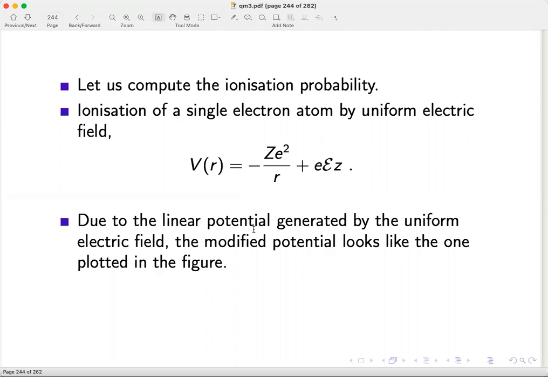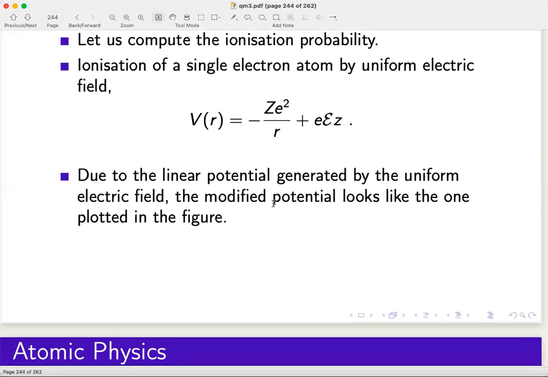Because this potential is linear, it is going to affect the form of the potential for large values of z: for large positive values of z it is a large positive potential, and for large negative values of z it is a large negative potential.